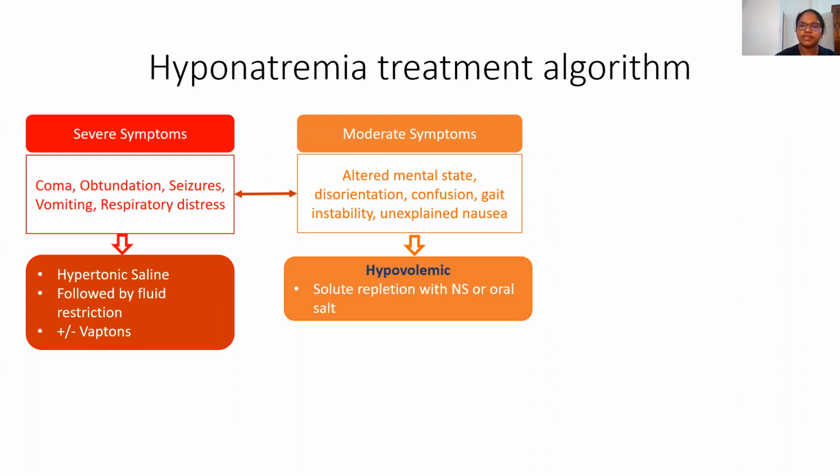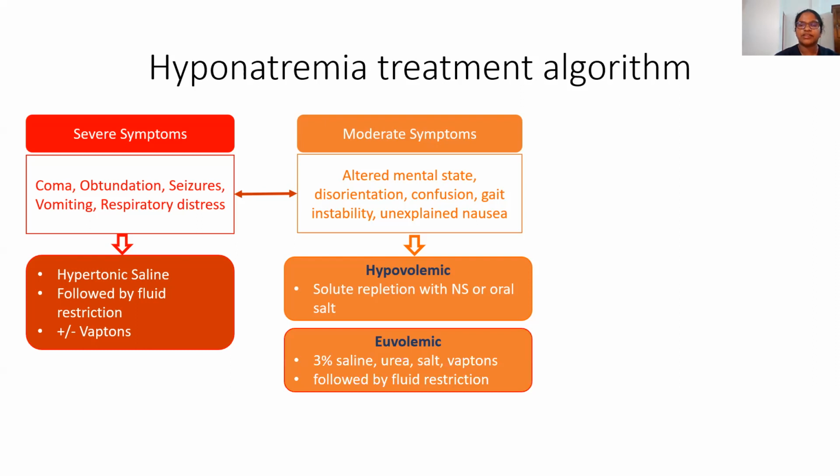If the patient is hypovolemic, you can try normal saline or oral salt. If the patient is euvolemic, as I have already mentioned, you can't give normal saline, it will worsen your hyponatremia. In that case, if the patient has moderate symptoms, you have to give either 3% saline, urea, salt, or vaptans, followed by fluid restriction.